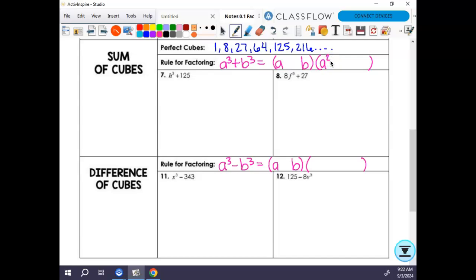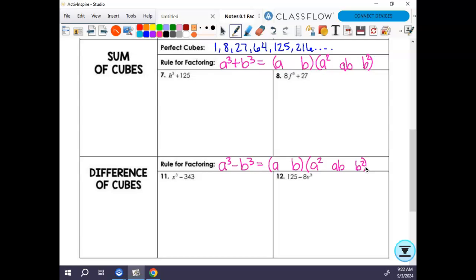Then my middle term, I multiply these two together, so I get a times b. Then the last term, I square b, so that is b squared. And the same thing happens here. That's a fairly simple pattern. So if you actually learn it and practice it, it's something that you will be able to access from your memory.